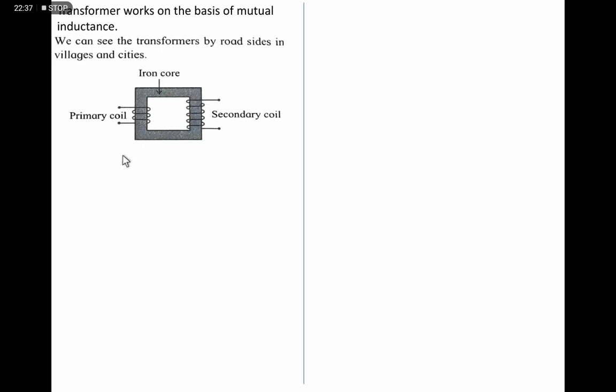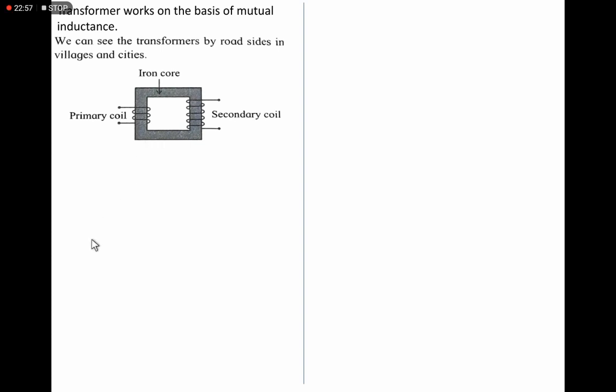In coupling we studied that if two coils are wound with insulating material, the flux link between them is minimized, so mutual inductance will be minimized.